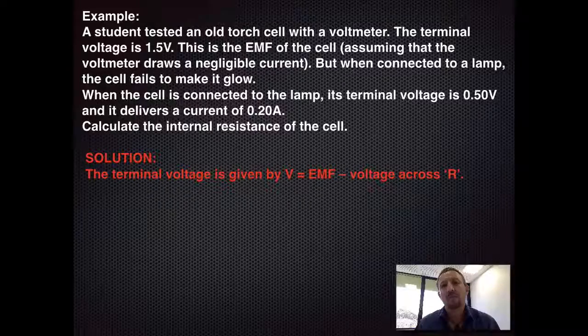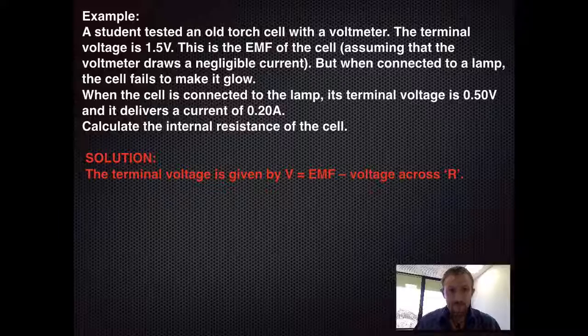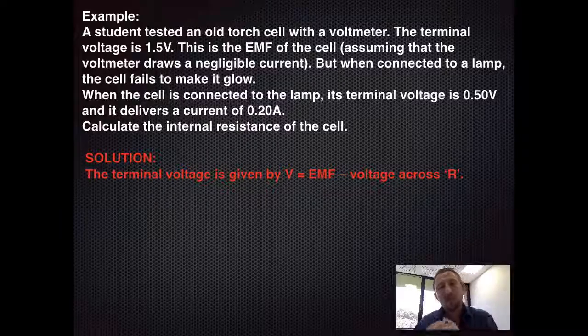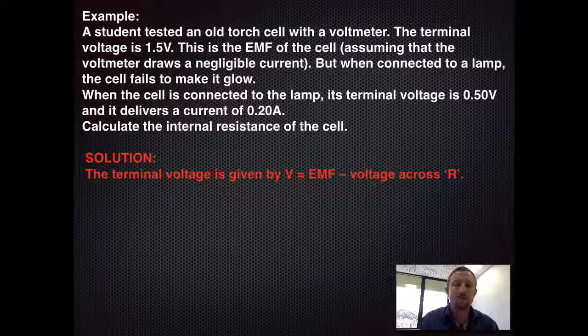We know the current is delivering 0.2 amps, and basically we've got 0.5 volts coming out of the actual battery. So what is causing that 1.5 volts EMF to be converted into 0.5 volts of energy? We've got to have lost some.